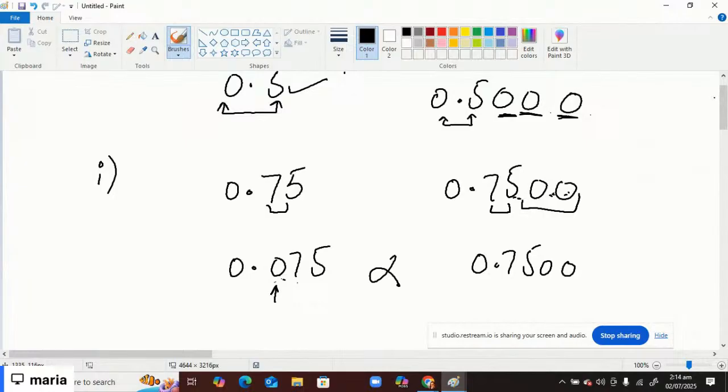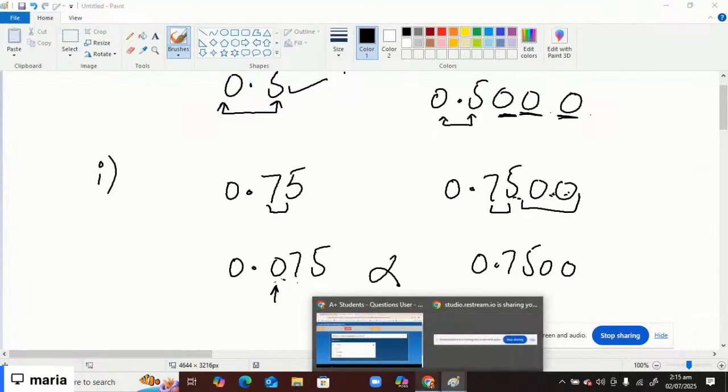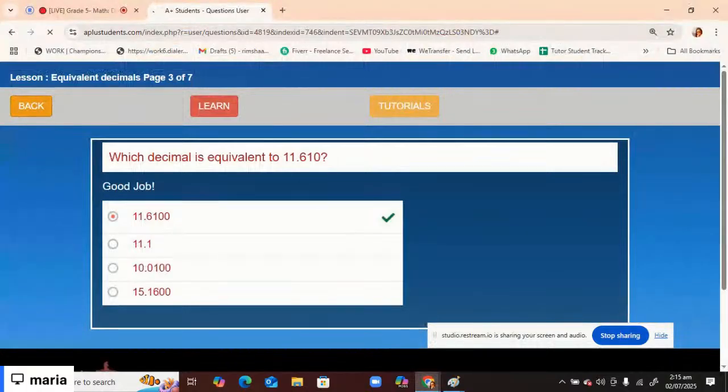Only there is a difference of zeros, but all other numbers are the same. The zeros are on the right side, not the left side, because if the zero is on the left side, it means some value, but if the zeros are on the right side, that means nothing.